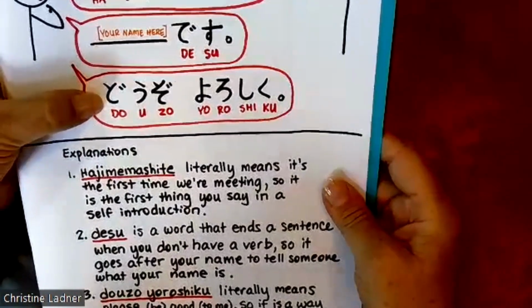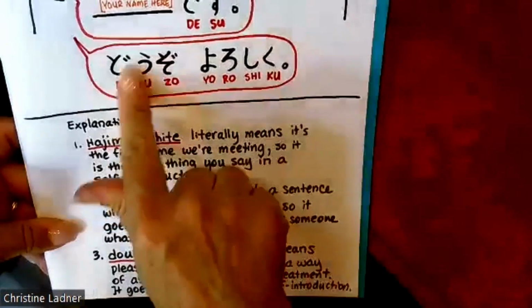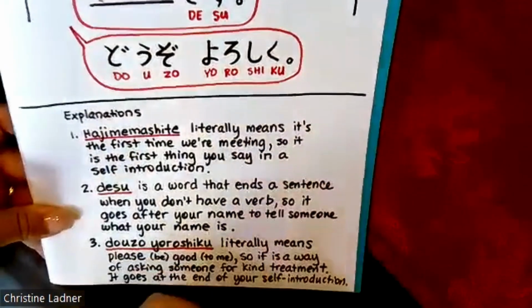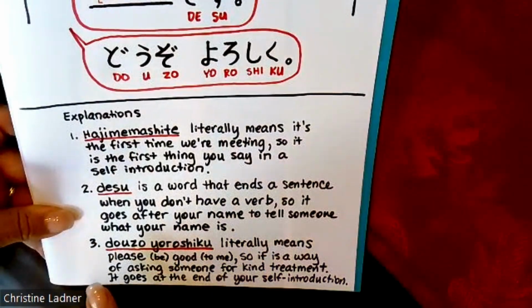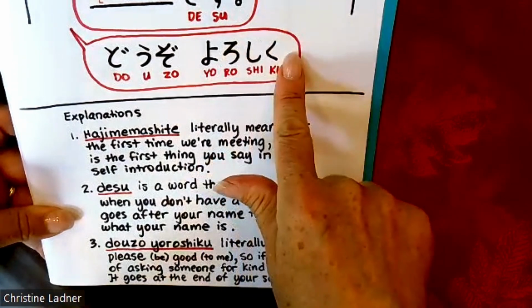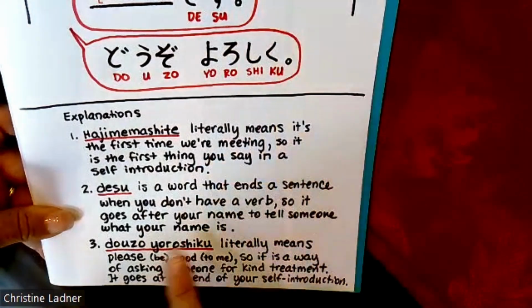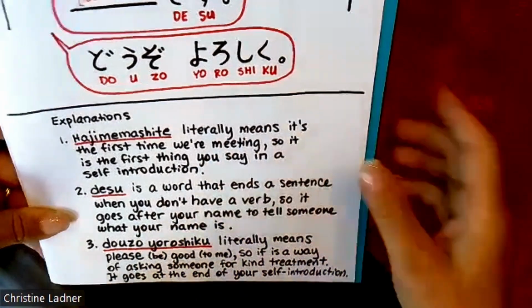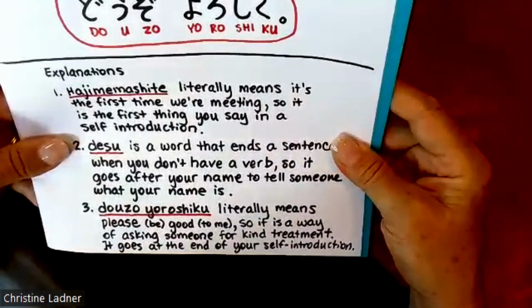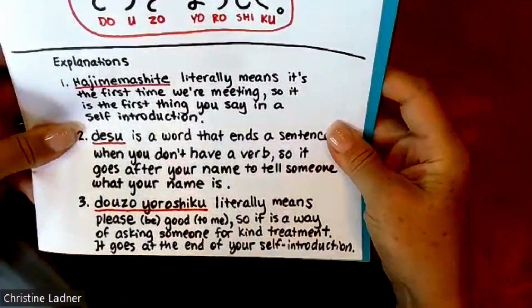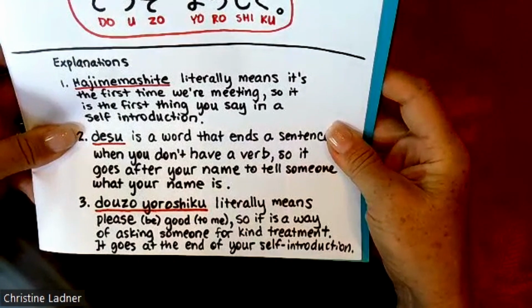Last of all, douzo yoroshiku. Douzo by itself is a way to say please, and yoroshiku is from the word for good. So it literally means please good or please be good to me. So it is a way of asking someone for kind treatment.